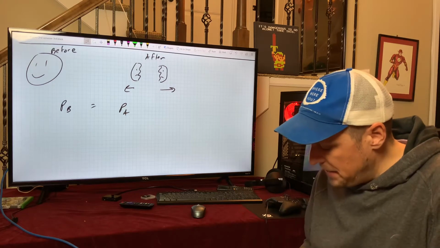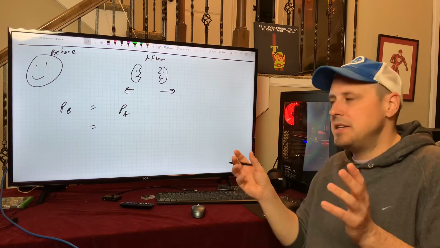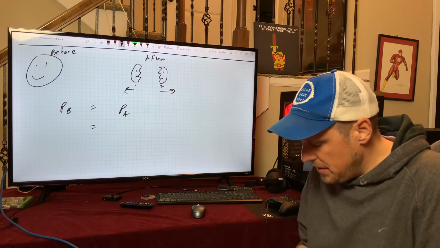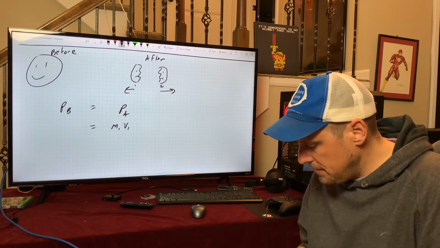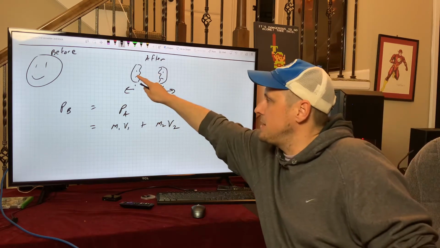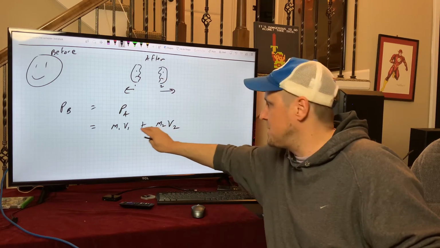Momentum before, I'm going to do the after first on this one. So in the after, I had one object that now split into two. So I'm going to call this part 1 and part 2. So I'm going to have M1 V1 plus M2 V2. So the mass times the velocity of this part plus the mass times velocity of this part. That's the momentum after.